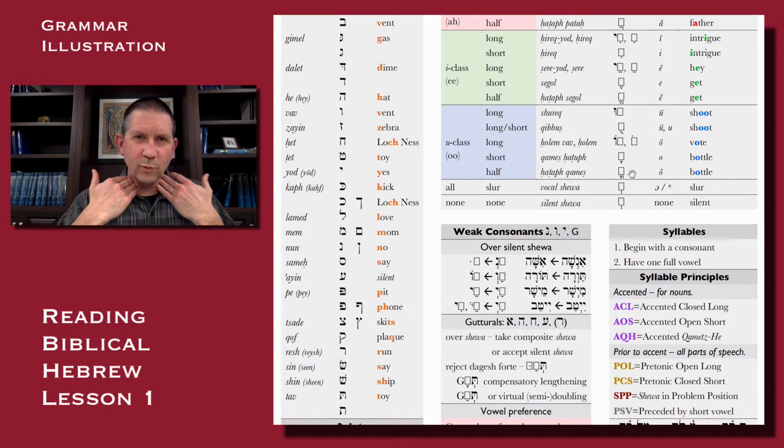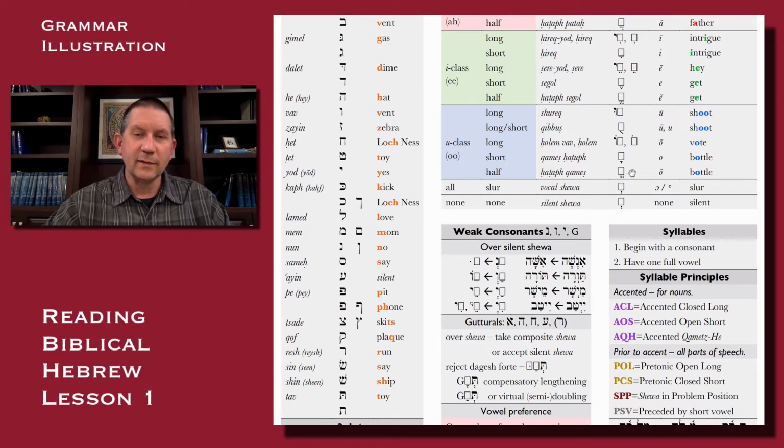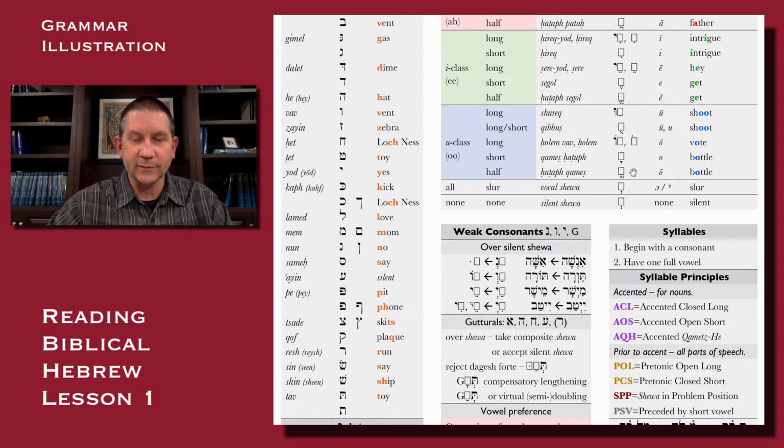It's just, again, where gutturals are made in the throat, it's hard to have something so small as a vocal shava associated with it. And so they get a half vowel instead of the vocalic slur, and when it's a half vowel, there's enough stuff there to know whether it's A class, E class, or U class. If it was a silent shava, they might accept the silent shava, or they might give us one of these.